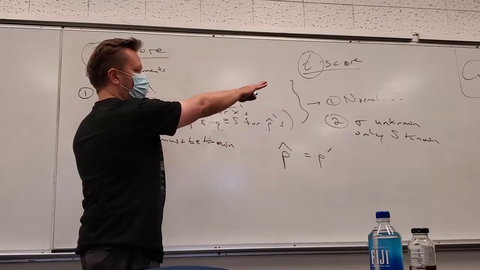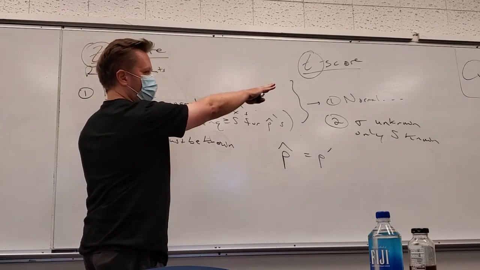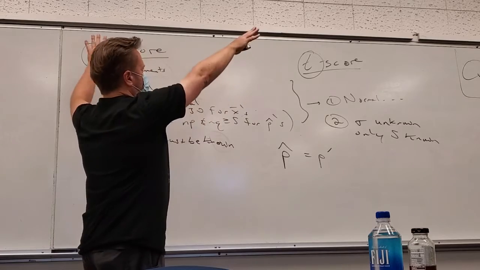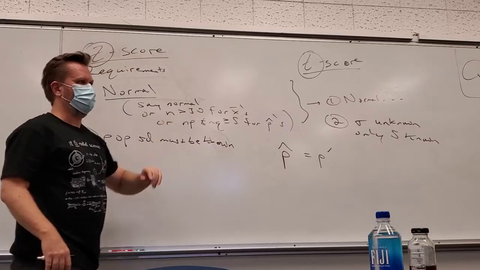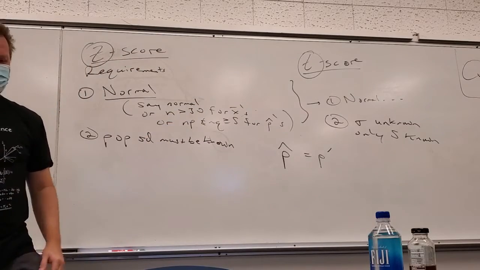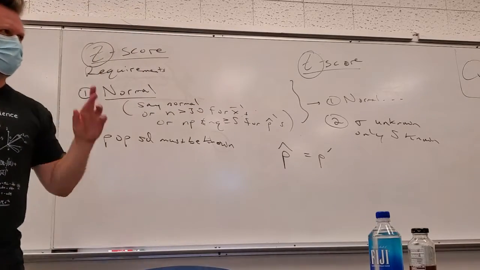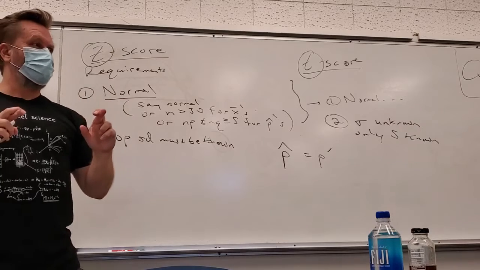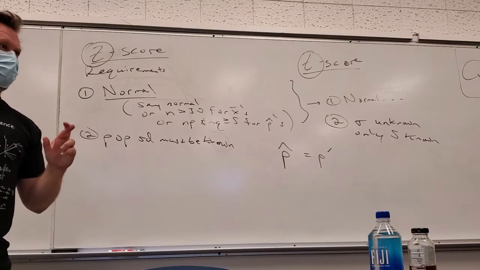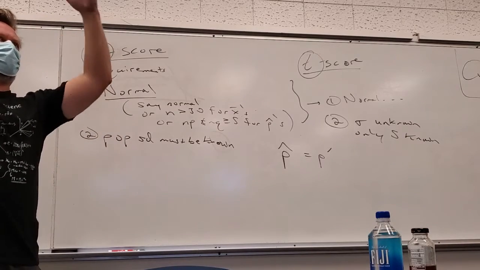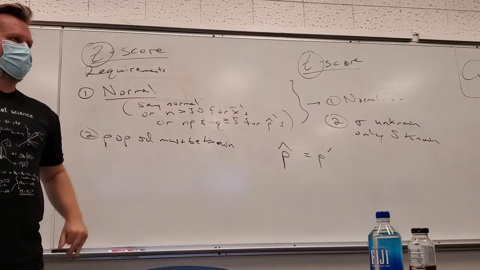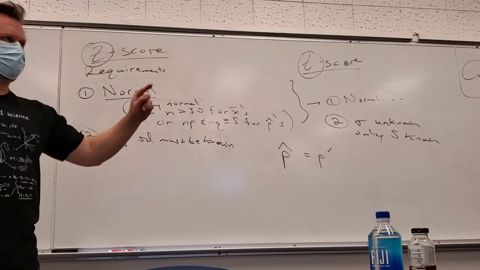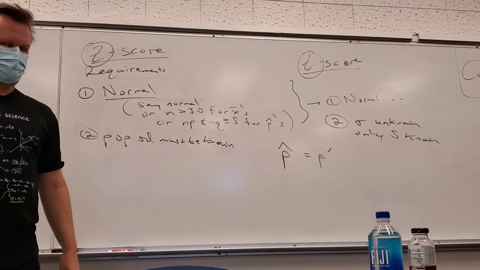We know it's normal, it has to be normal to do anything. So the real distinction is whether it's a z distribution or a t distribution. There's a whole little section where they ask what distribution, and sometimes the answer is actually binomial. It depends on the situation they give you.